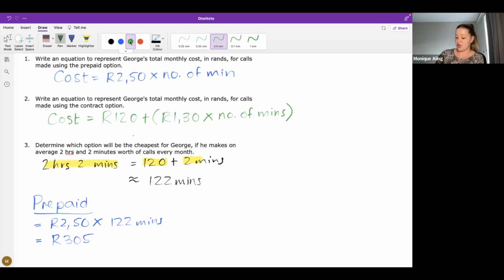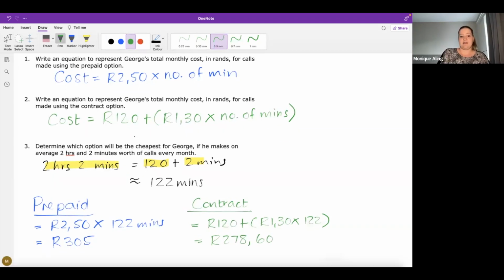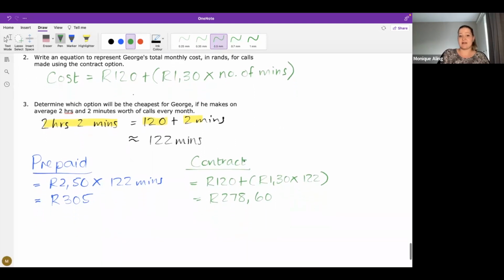And then our contract is 120 plus R1.30 times our minutes, which is 122, which gives you 278.60. So all I did there was obviously convert our time and then substitute everything into our formulas.